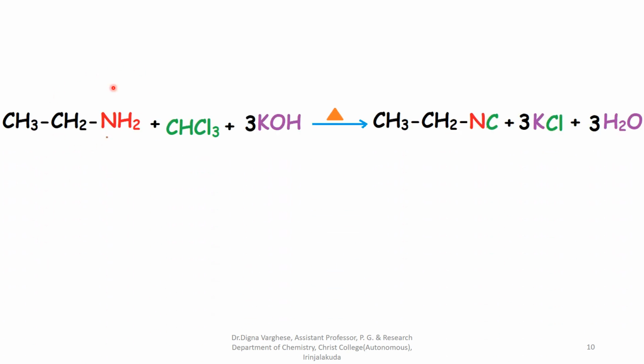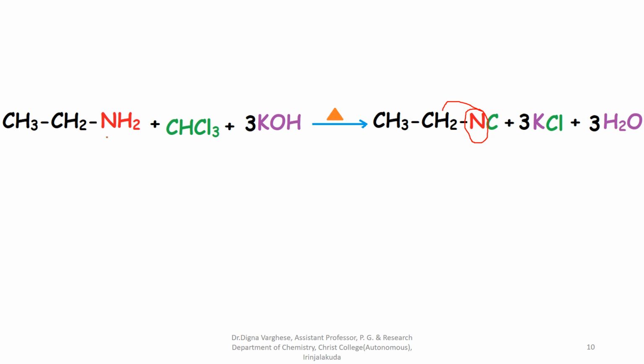Here you can see ethylamine, that is C2H5NH2, that is CH3CH2NH2, on reaction with chloroform in alcoholic solution of potassium hydroxide on heating gives ethyl isocyanide. Here you can see the nitrogen atom is attached to the CH2 group.